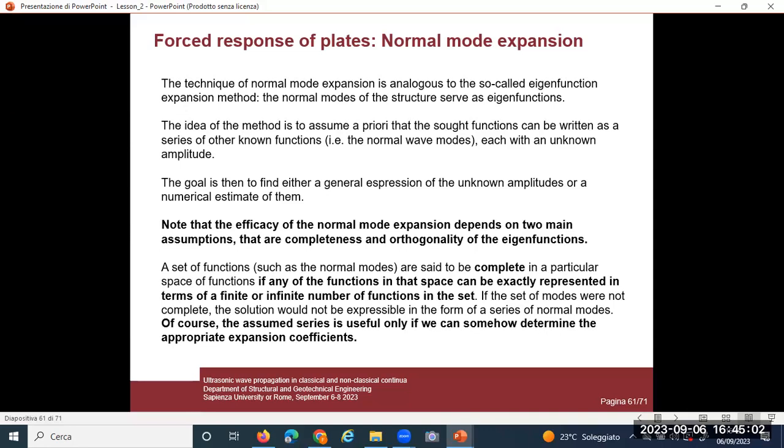Waves, instead, are transient problems where the solution can be expressed in terms of wave mode superposition.